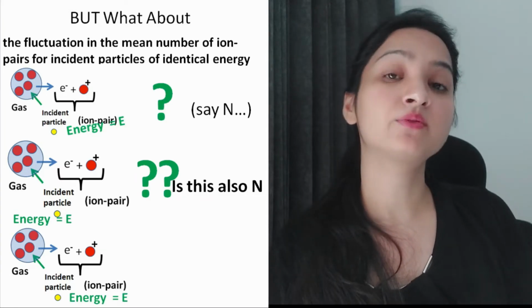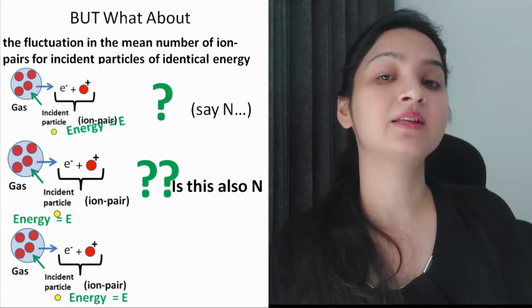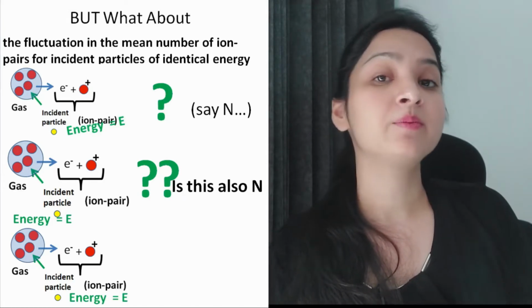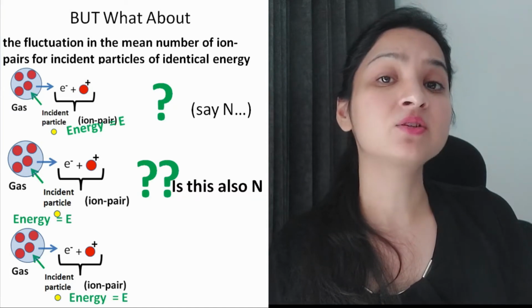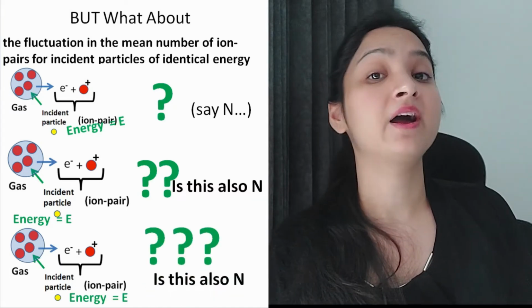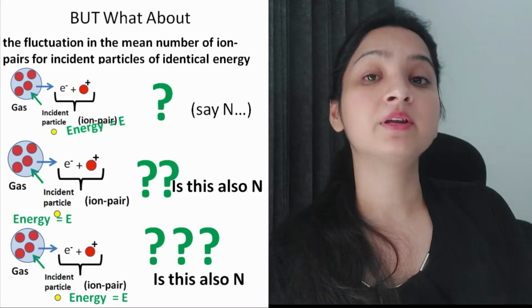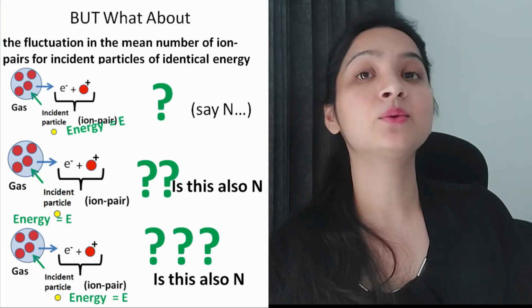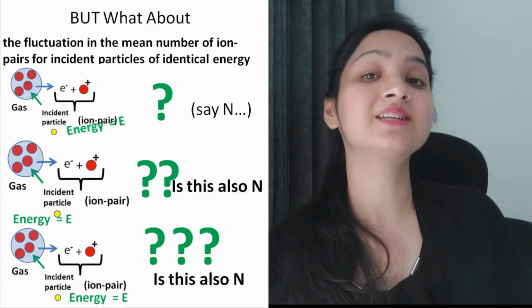Despite the same amount of energy possessed by the incident alpha particle, what if my number of ion pairs produced is fluctuating? Likewise, if I have the same amount of energy associated with the incident particle, is it necessary that you will be getting the same number of ion pairs each time?